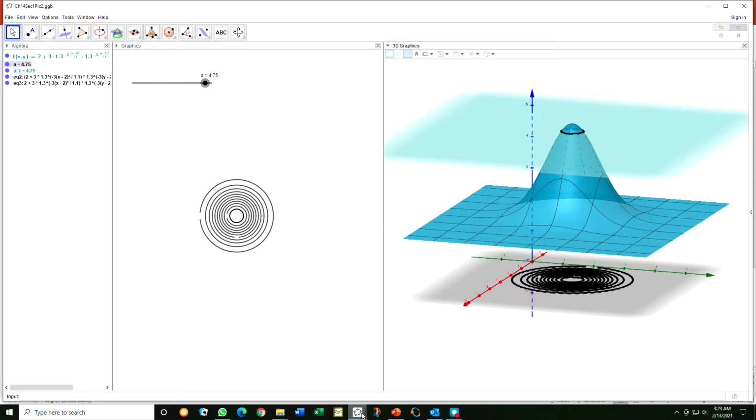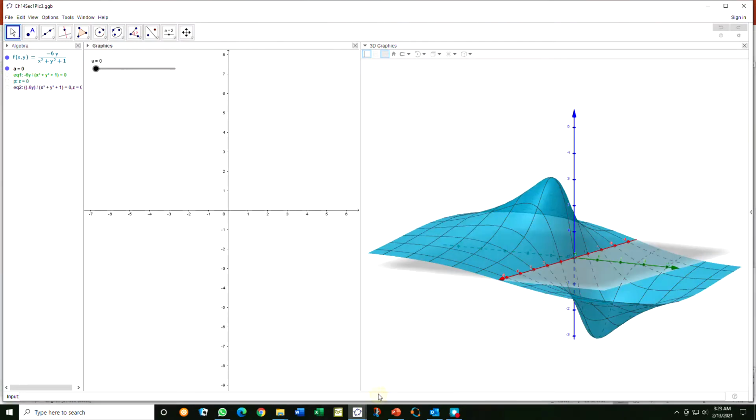And I think I have another example. Yeah, let me show this guy also. This surface, check this out. f of x, y is negative 6y over x squared plus y squared plus 1. This is in the book as well, so that's why I picked it.